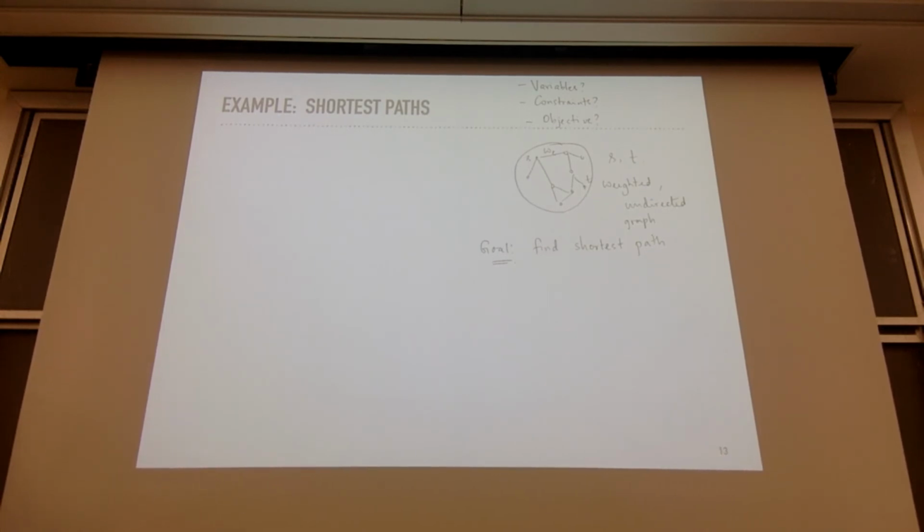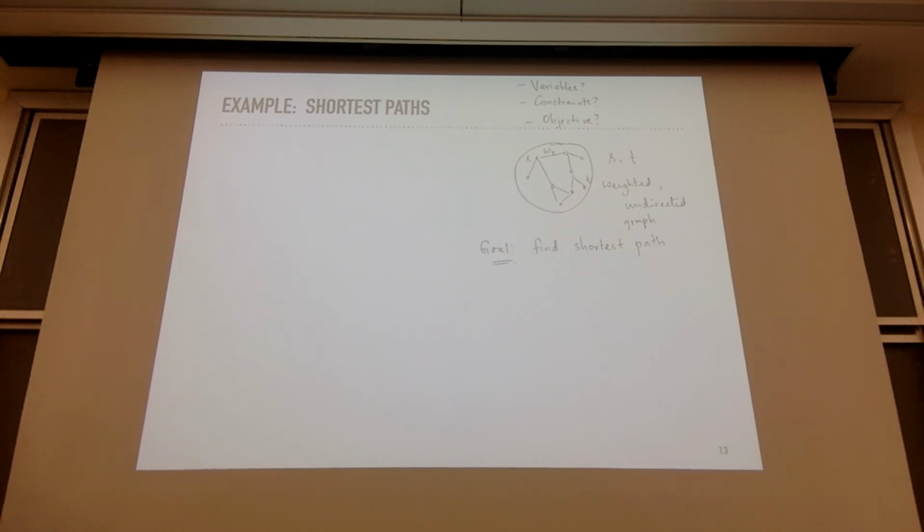But you know that from the graph, so that need not really be a variable. Variables should be things you optimize for.